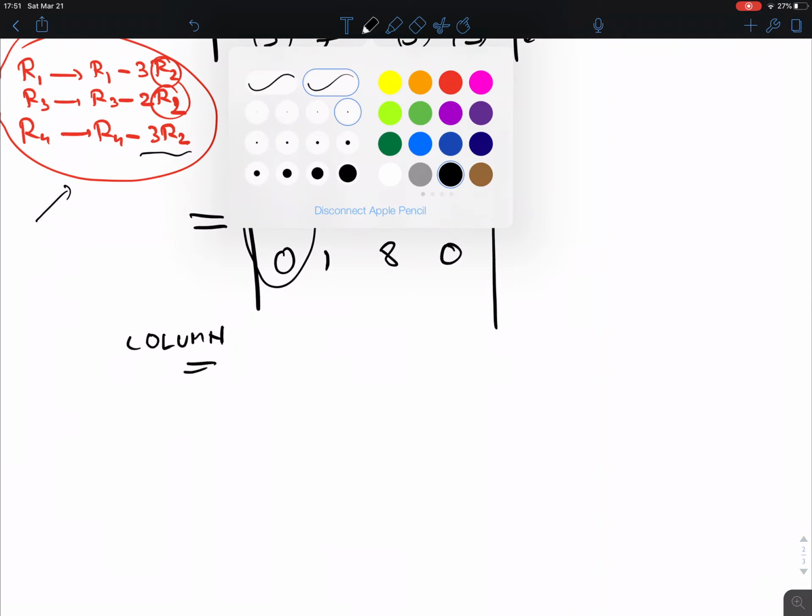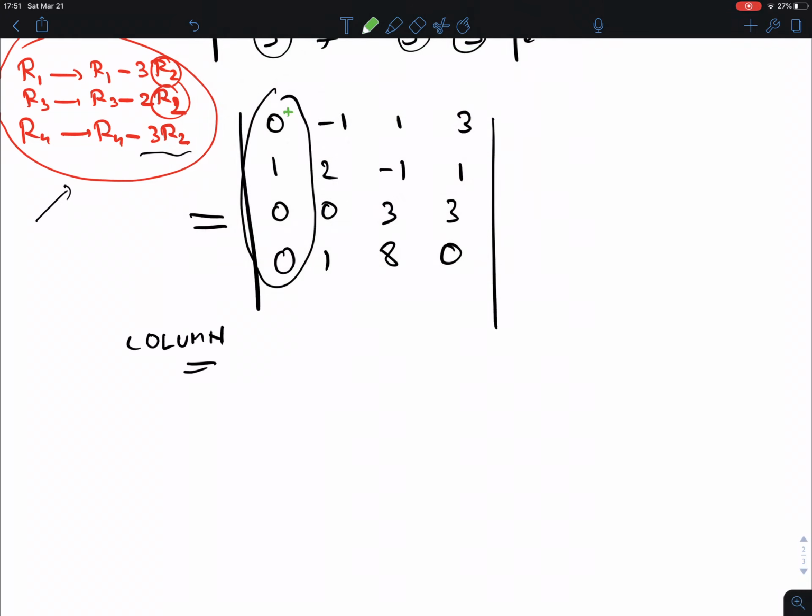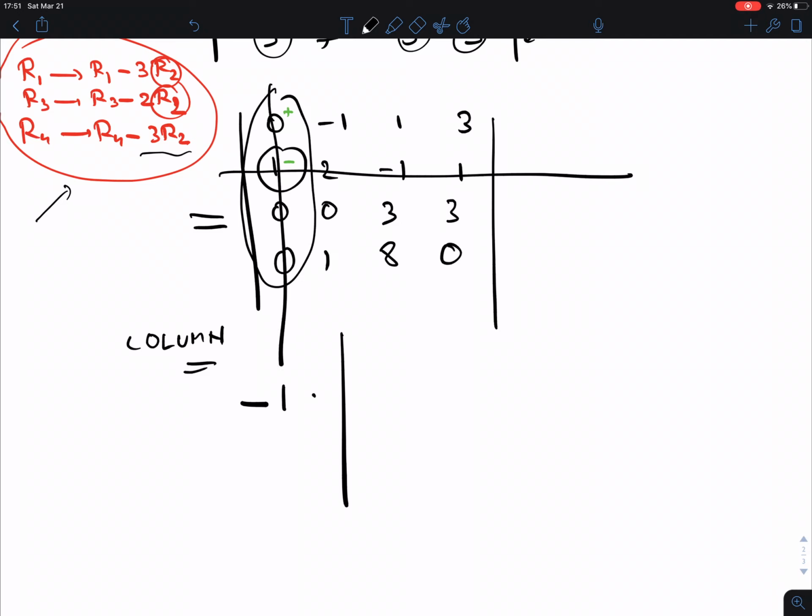First of all, signs. This is a plus, and then this would be a minus. So we have a minus, right? So it is minus this number 1 times what's left. Scratch out what is left, and we have -1, 1, 3, 0, 3, 3, 1, 8, 0.